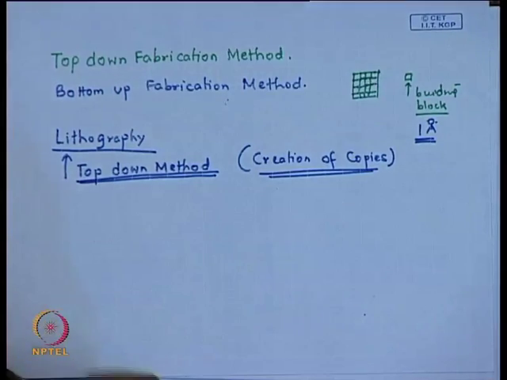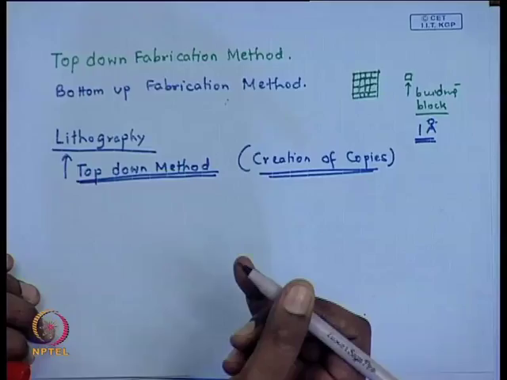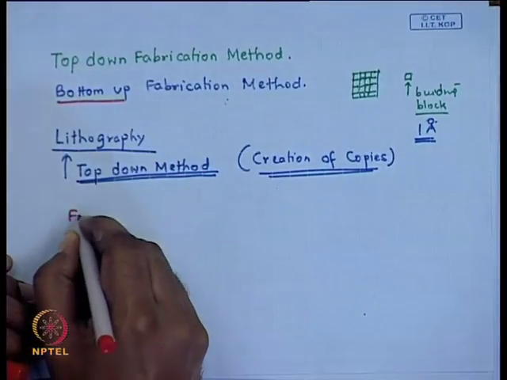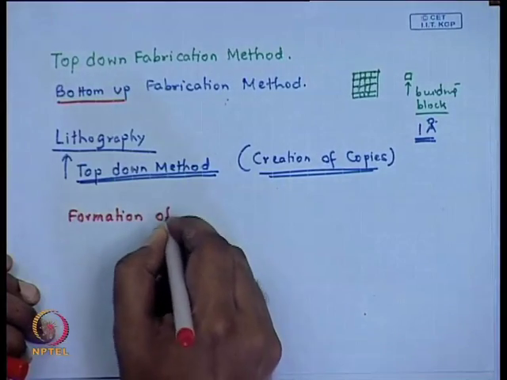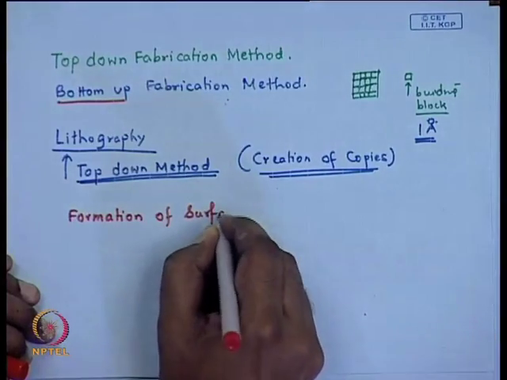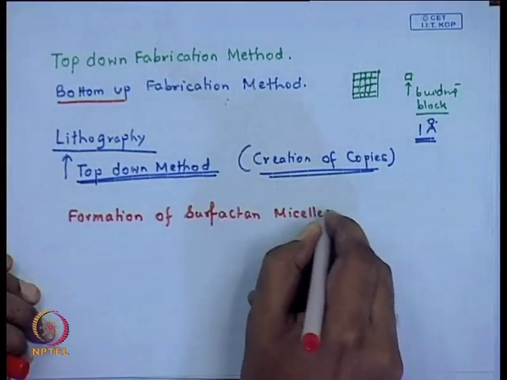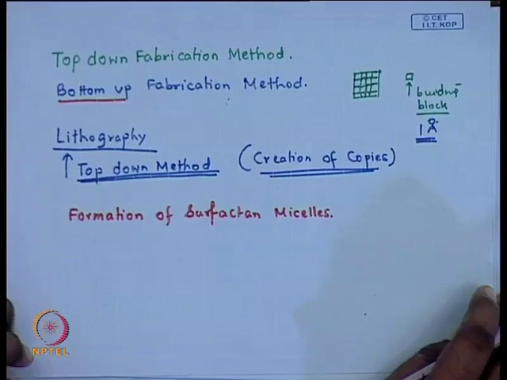But before that, though I am not going to take up bottom up fabrication in greater detail today, one of the simplest examples of bottom up fabrication is the formation of surfactant micelles. We all know that we use soaps and detergents to clean our things, hands, clothes, etcetera.